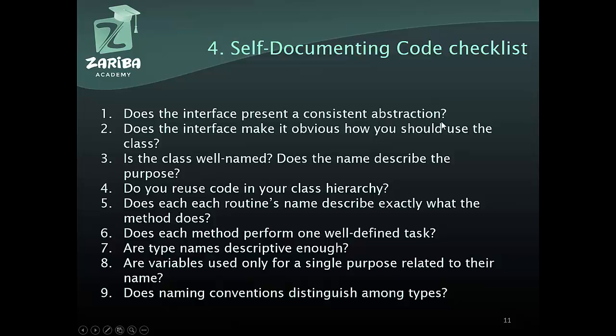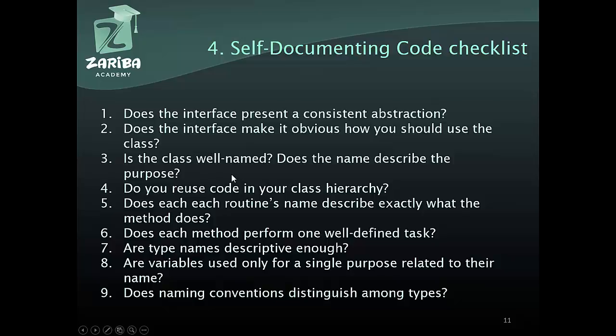Once you start going up the hierarchy, you should think whether what you're writing is really good, consistent, whether it summarizes or abstracts what you want to say and use in your interface. Does the interface make it obvious how you should use the class as well? If I have an interface which is immovable, well, clearly I have to have a method which is move, right? This is good and clear.